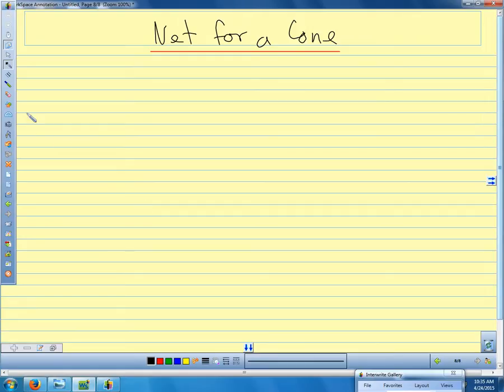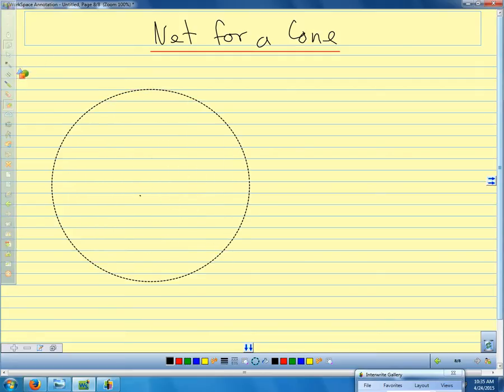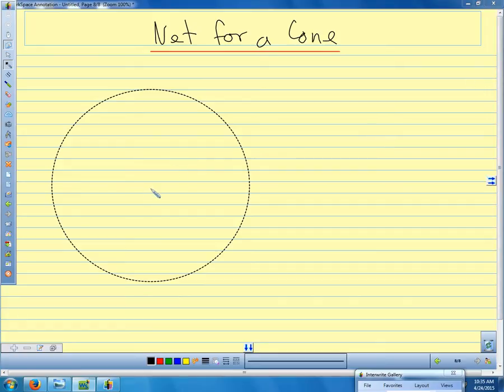So let's draw a net. Here's my circle. I'm going to draw a dotted circle. Here's the circle that I drew that I made my net with. And what I did was I cut a wedge out of that circle.